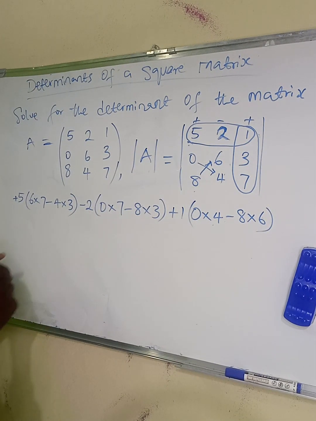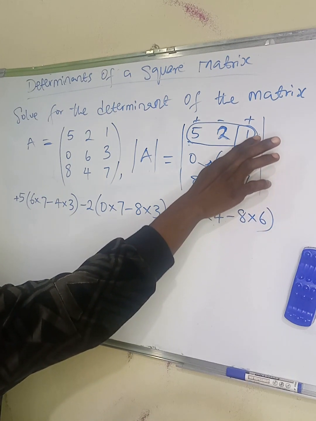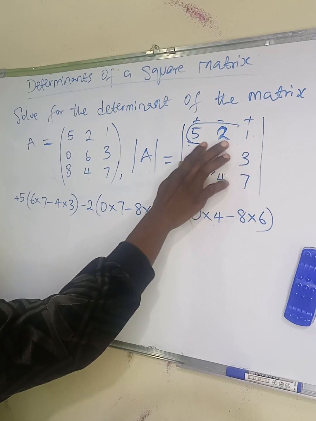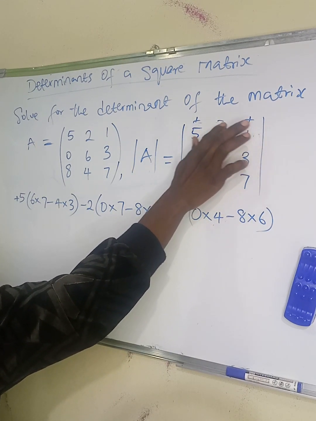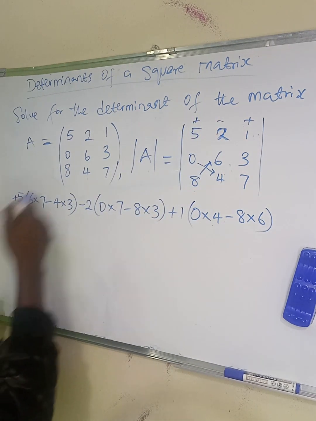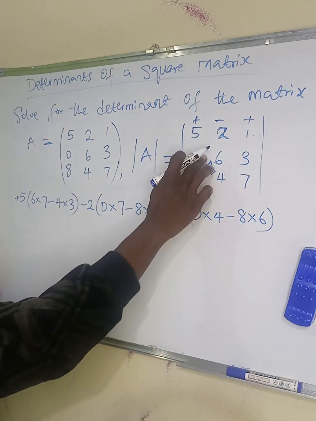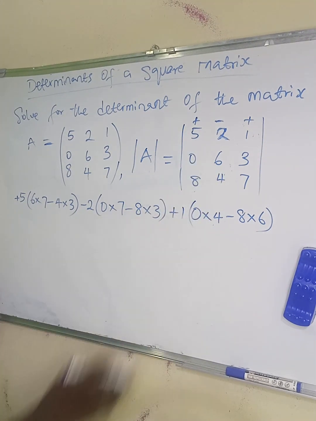Okay, so now that we are done, we can clean this off. We are done with all the columns. Don't forget, if we have more columns, we'll keep on going, plus, minus, and so on. But we have only 3 columns, so that's why we ended here.